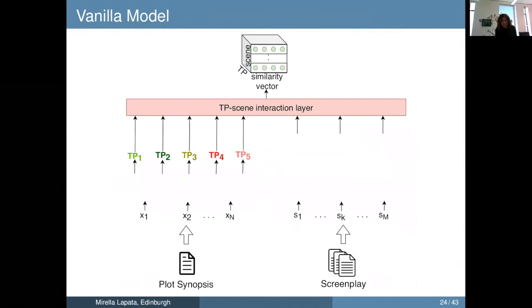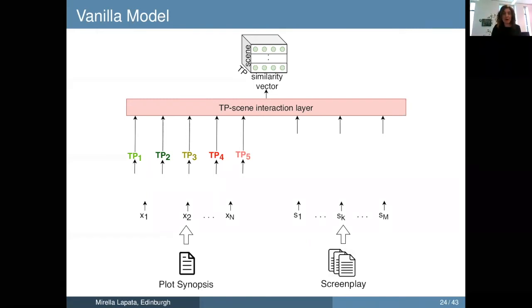Now, in the screenplay level, I'm doing this with a lot of text, and I again will have my plot synopsis, and I will have the screenplay, and I will encode them both using whatever encoder and embeddings you like. We use embeddings for the plot synopsis and the screenplay which perform better than anything else we tried, but this is not important. You can use whatever you like.